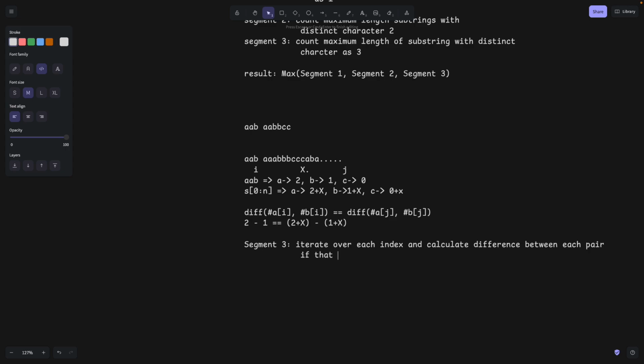If that is already seen, it means we have a balanced substring.